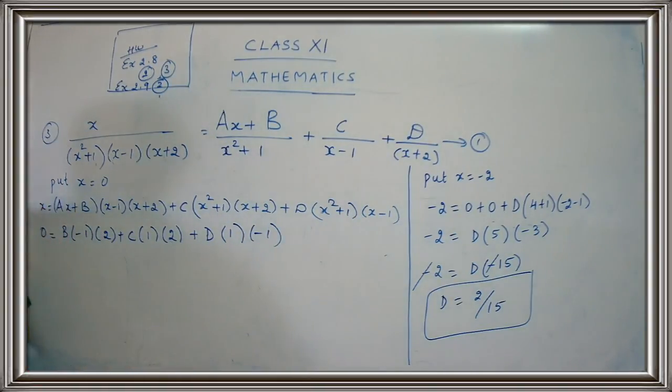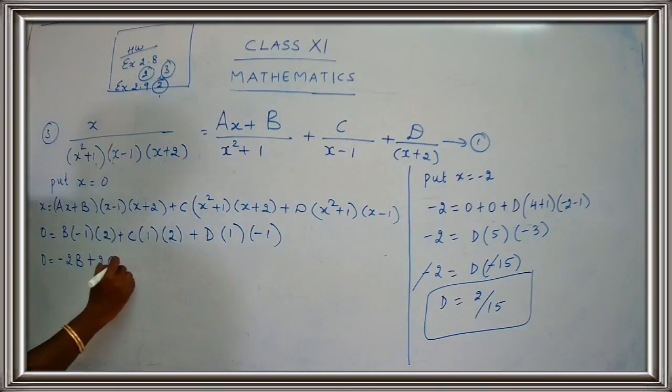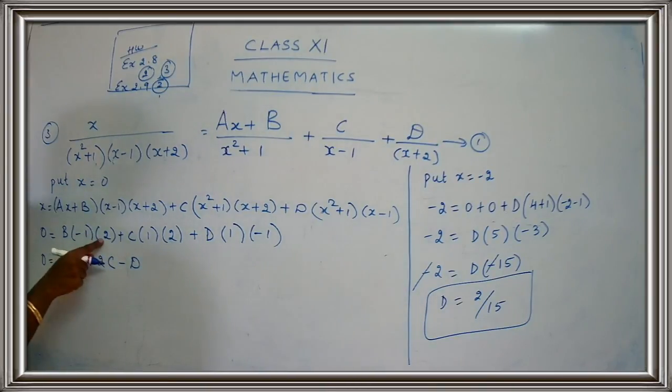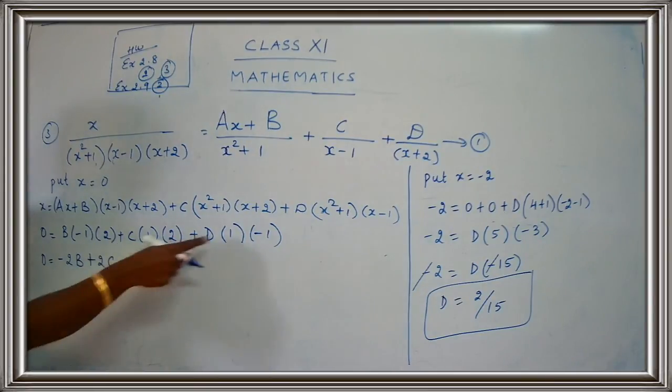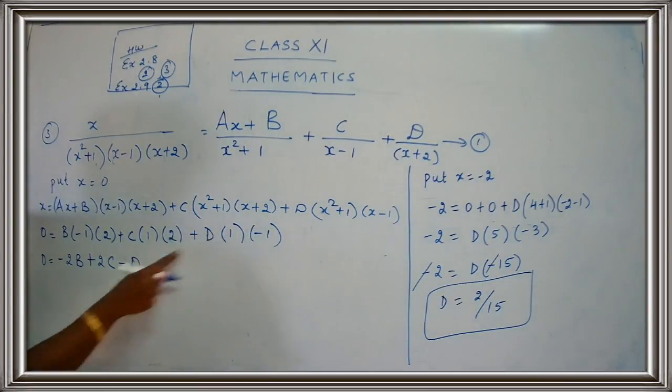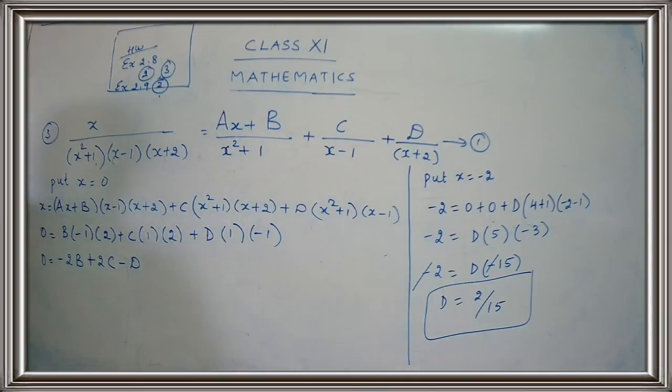Okay, children. Now let's try to simplify this. 0 is equal to minus 2b plus 2c minus d. Minus 1 into 2, minus 2. 1 into 2, 2c. 1 into minus 1, minus 1 into d, minus d. I know some of the values, children. I know the value for c and d. Let us substitute the value here.